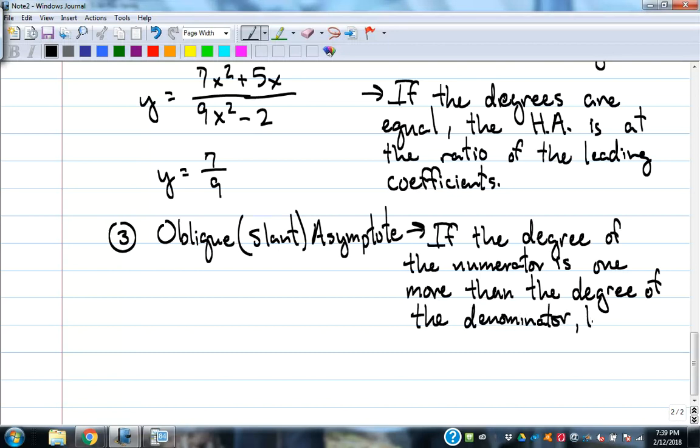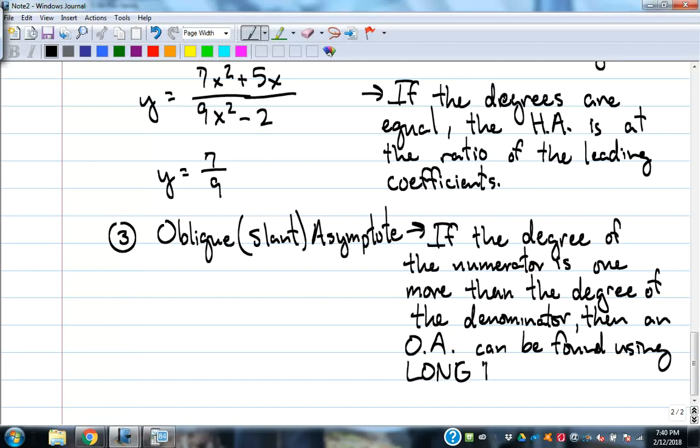If that's what's happening, then an oblique asymptote, OA, we'll abbreviate that, can be found using long division. We'll go over doing that again.